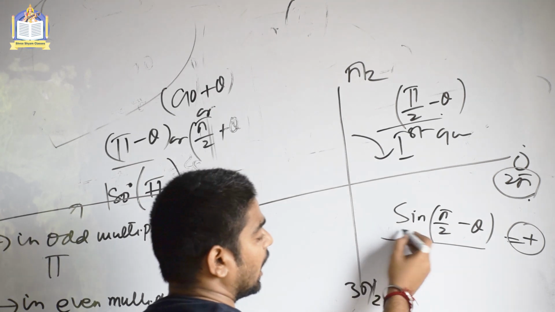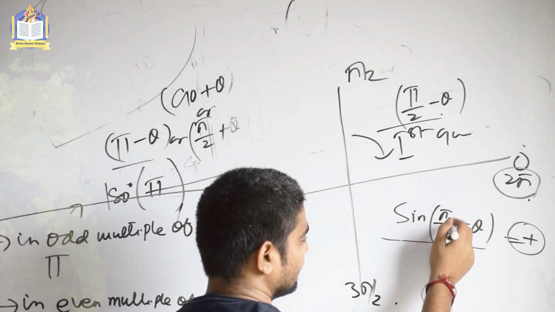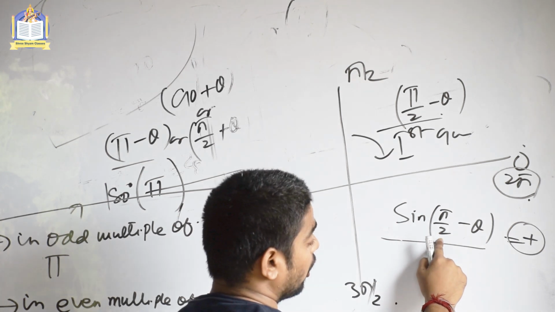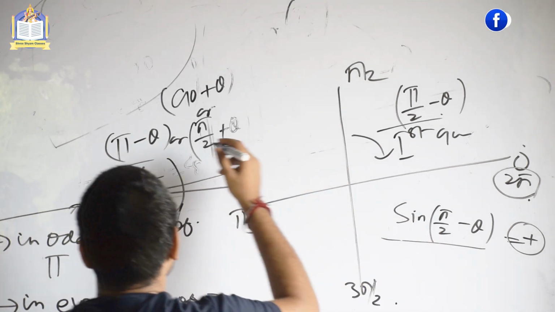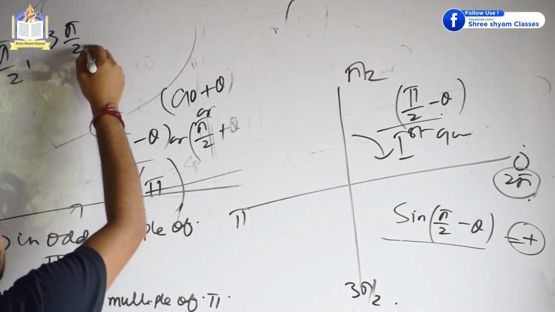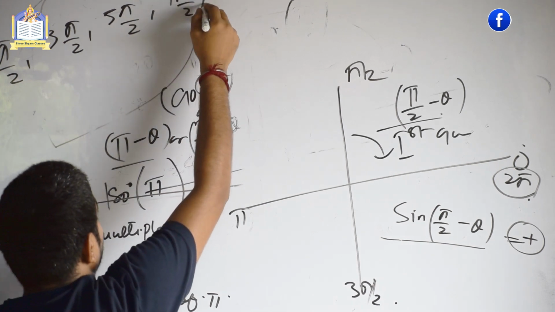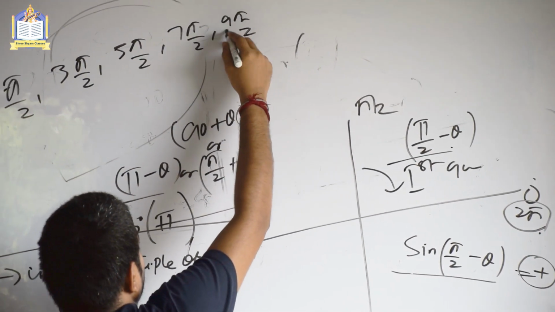So sin pi by 2 minus theta. This is an odd multiple of pi by 2. Let's see: pi by 2, 3 pi by 2, 5 pi by 2, 7 pi by 2, 9 pi by 2.